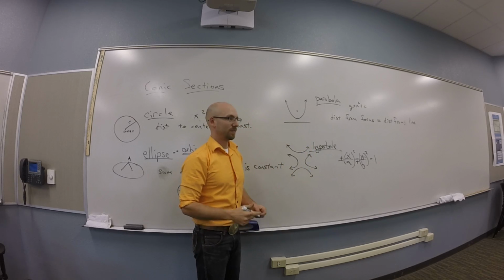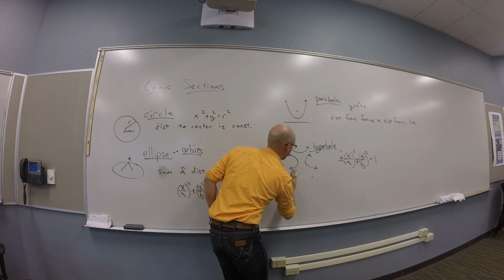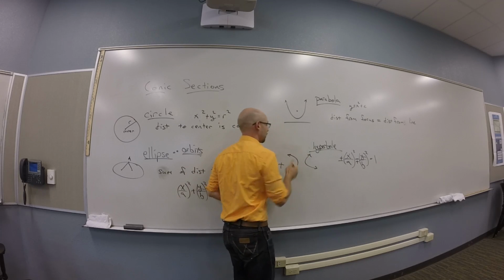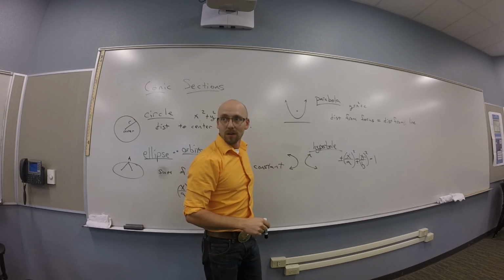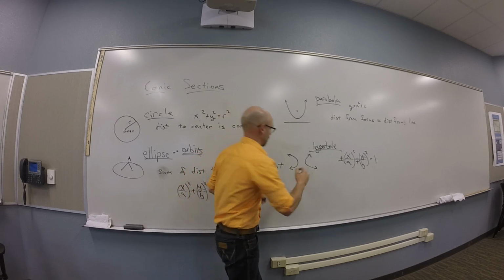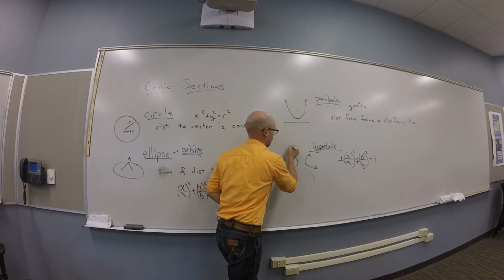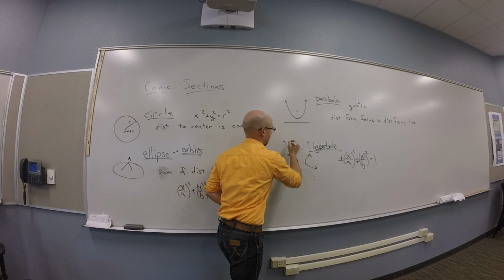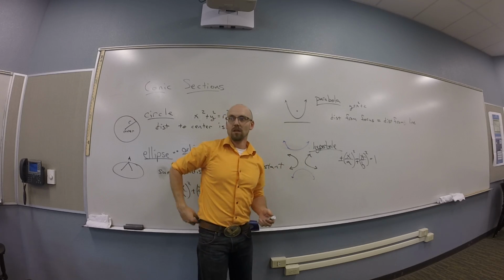You guys see that? It's kind of like the ellipse, where you're taking apart the circle, and the subtraction part comes into play with that, right?